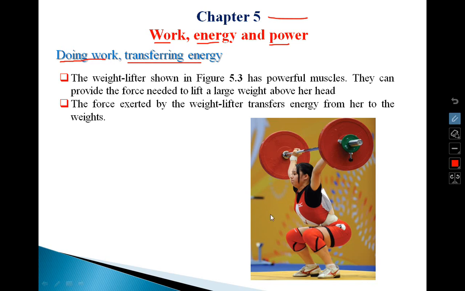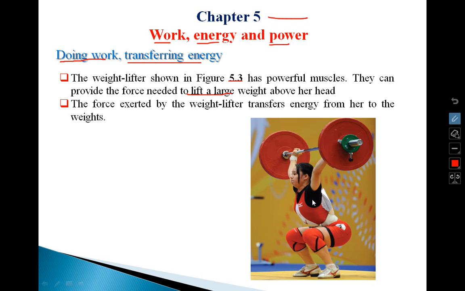As we can see in this figure, figure 5.3, the weightlifter has powerful muscles. They can provide the force. There is a force transferred from her body to the weights, providing the force needed to lift a large weight above her head.